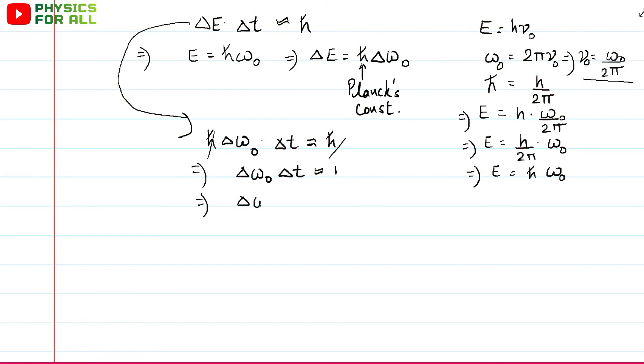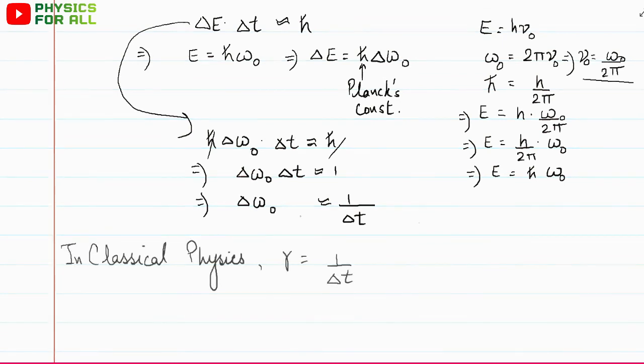So delta omega naught is 1 upon delta T. In classical physics, gamma is equal to 1 upon delta T. That means the damping factor inversely varies with the time period, or the change in time, or the lifetime.